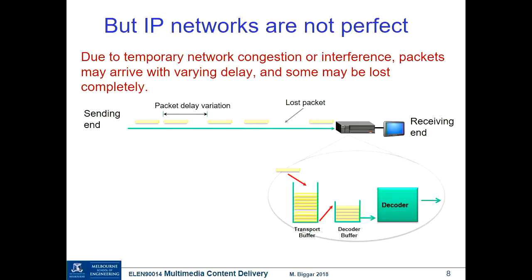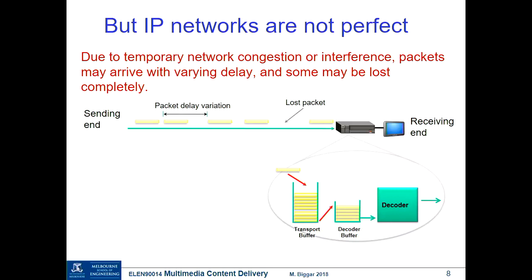And every now and again we might have a lost packet, and we need to figure out how we're going to deal with that. We talked about loss concealment and loss repair and all those sorts of things before, but we'll come back and talk about that as well tonight.